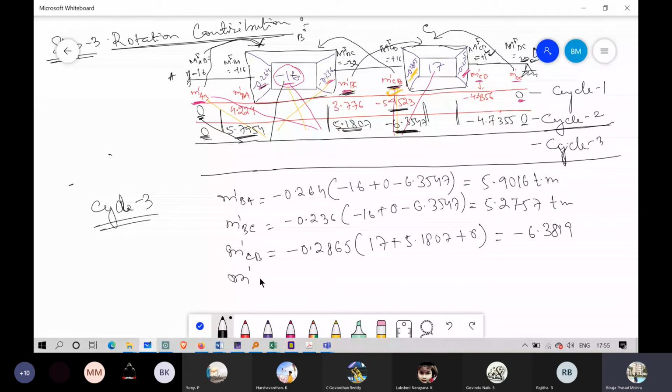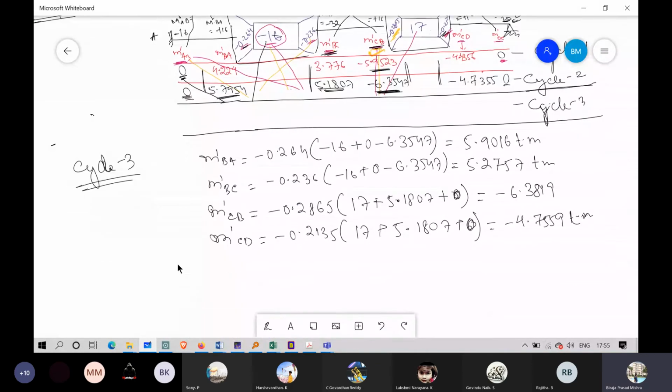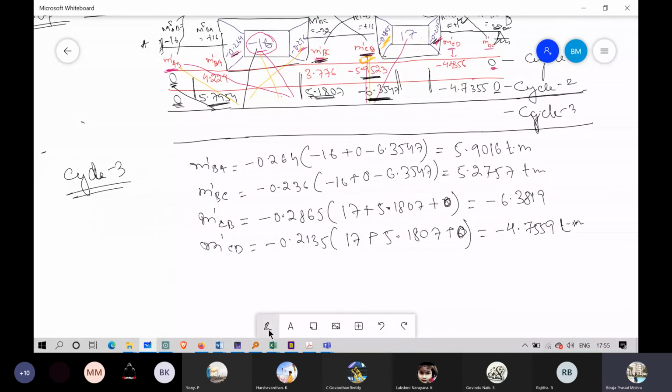M bar CD, simply we will change the distribution factor: 0.2135 into 17 plus 5.1807 plus 0. So this is coming as minus 4.7559 ton meter. Now we have written all four values.